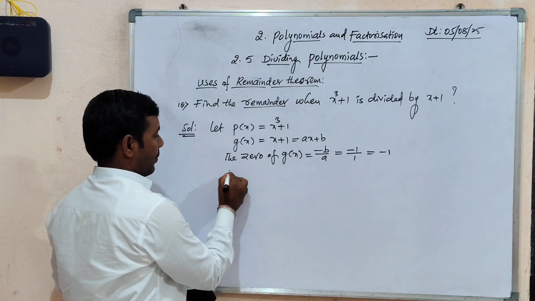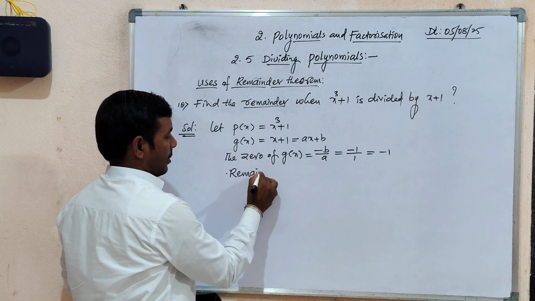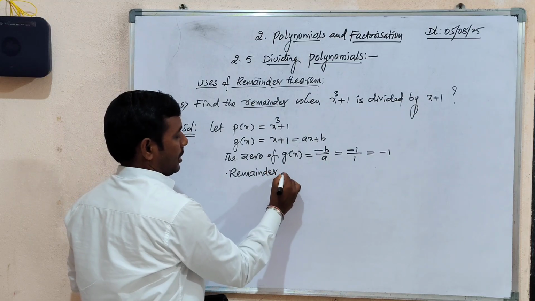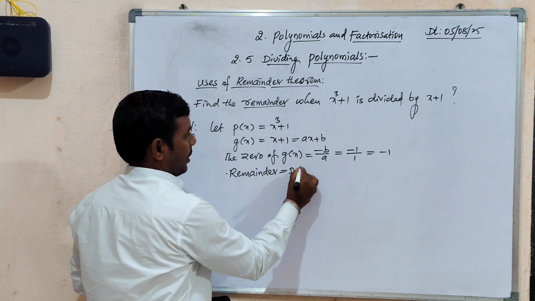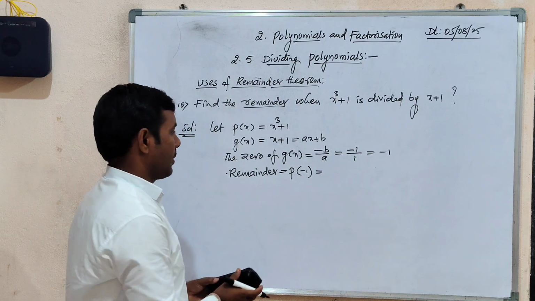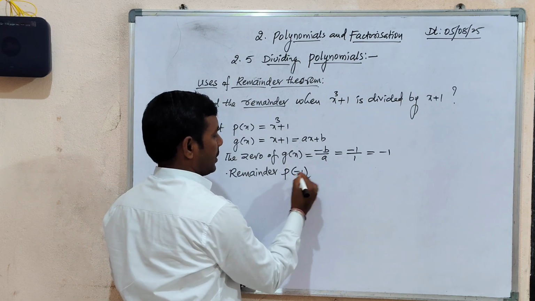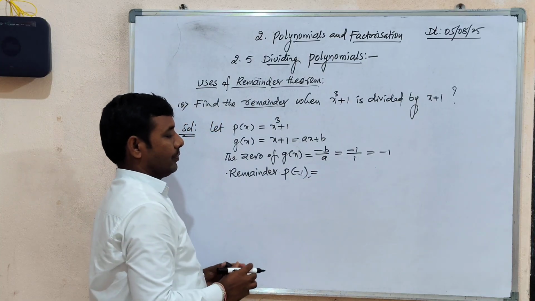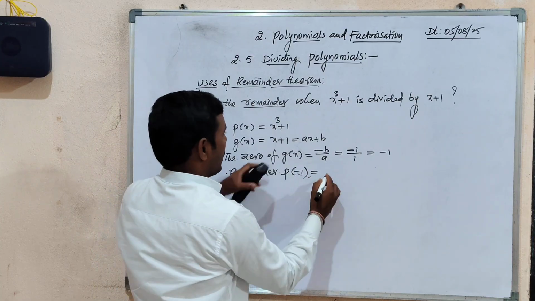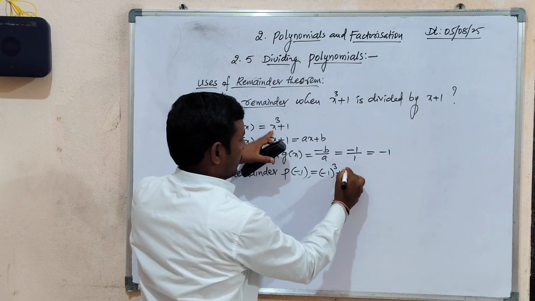Now, remainder is equal to p of minus 1 is equal to, substitute minus 1 to the power of 3 plus 1.